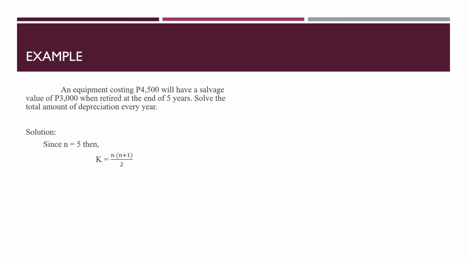By substitution, we have 5 times the sum of 5 plus 1 all over 2 is equal to 30 over 2. Hence, K is equal to 15. Please take a look at this alternative solution.